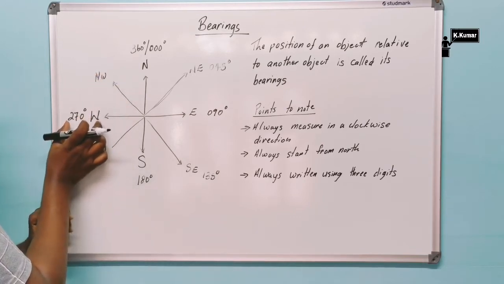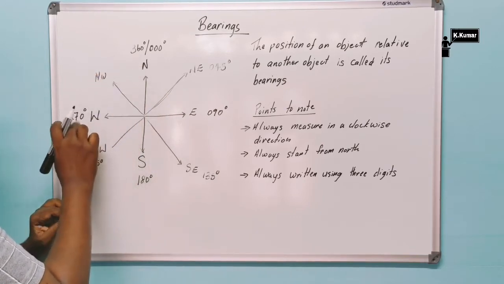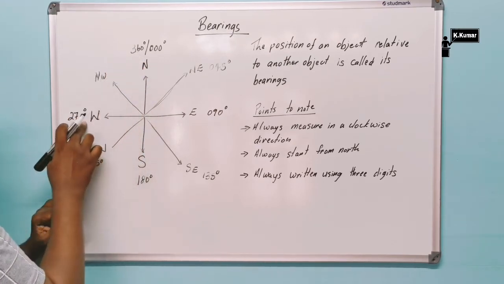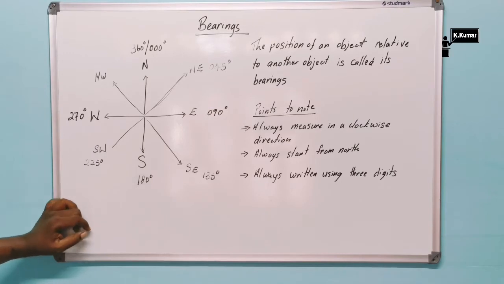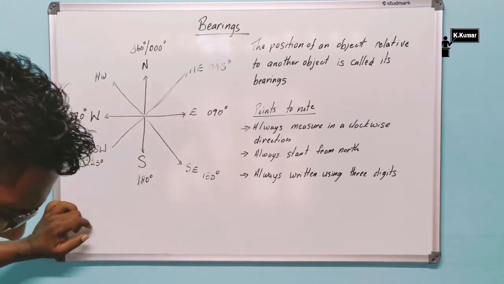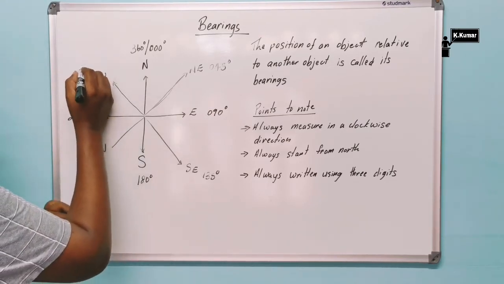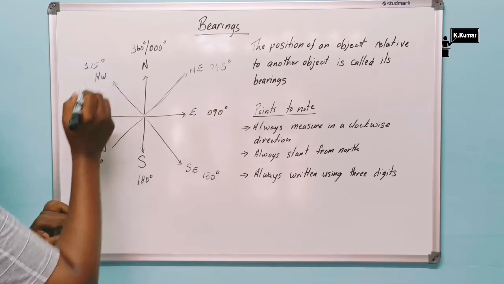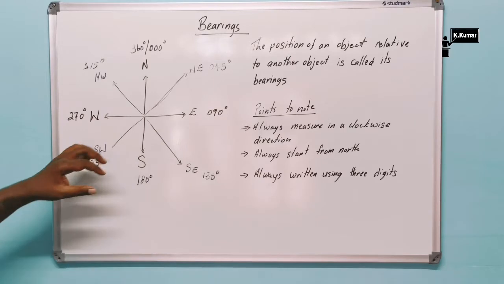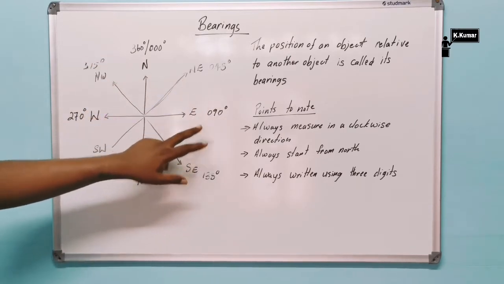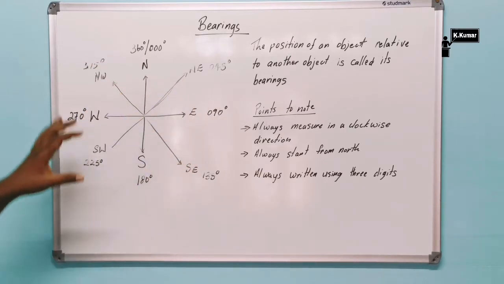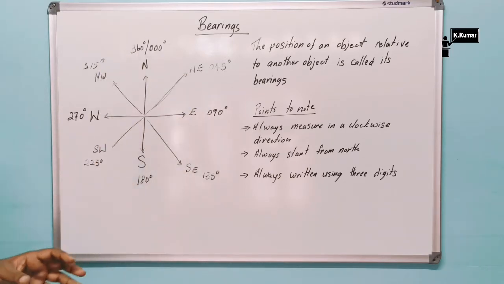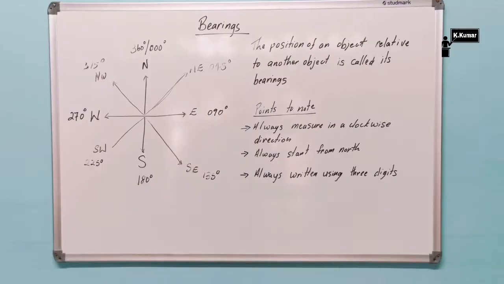If between west and north is 270 to 360, then northwest is 270 plus 45, and that's going to be 315 degrees. So these are the various degrees using the cardinal points, and you would find the use of these as we go further into bearings.